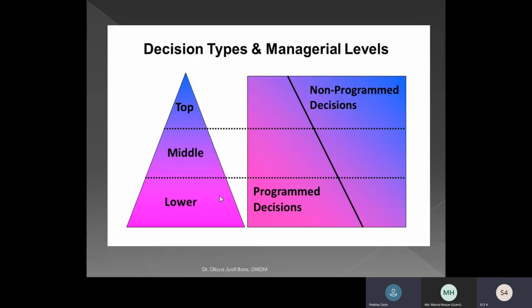See, in the middle layer, you cannot directly say whether program decisions or non-program decisions are being made. But overall, you can say that to come up to non-program decisions, you need to go through some middle part, or an overlapping part. Program decisions are made at the lowermost position.